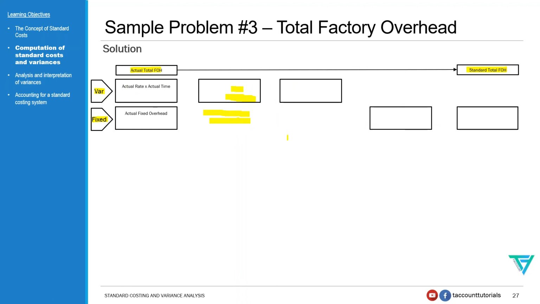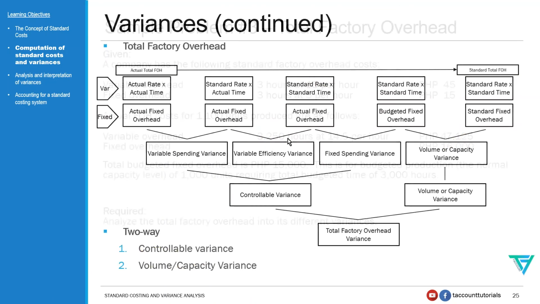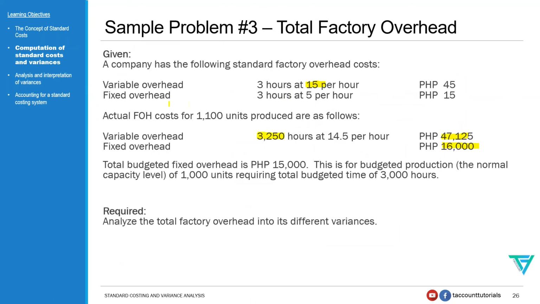Let's get the standard rate per hour and the total standard hours allowed for actual production. All right. So standard rate per hour remains at 15 for variable. But to be able to compute for the standard hours allowed for actual production, we get the actual production of 1,100 units, and then we get how much time is the standard hours for this total production for variable.